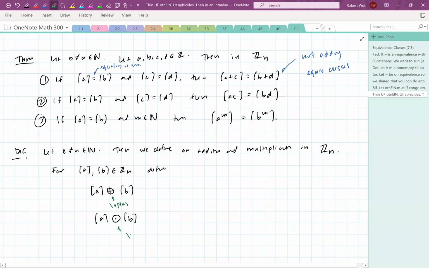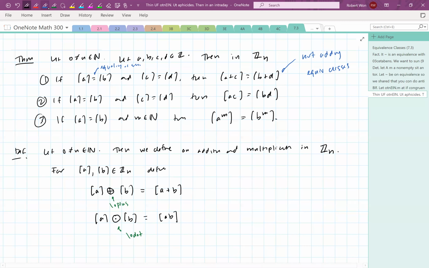This one is O dot, I believe. How am I going to define it? I'm going to define this to be a new equivalence class. It will be the equivalence class of A plus B. And this one I'll define to be the equivalence class of A times B.